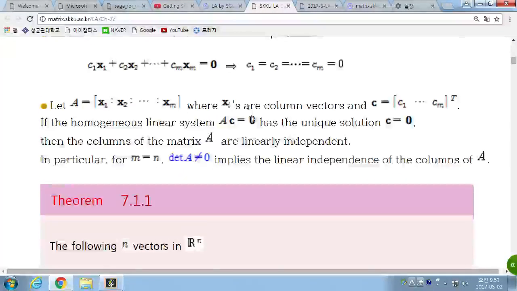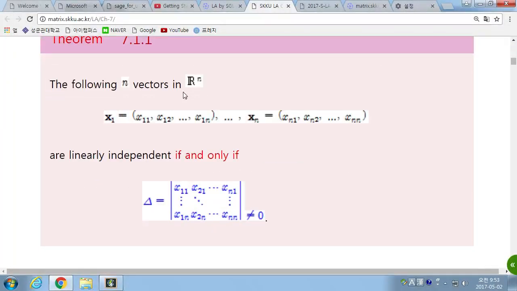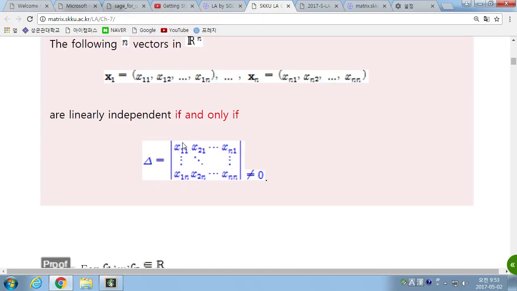You have learned this, but if you have n vectors in Rn, then you can form a matrix whose column vectors are those xi's. Then you have an n by n matrix, and you can find the determinant of the matrix.